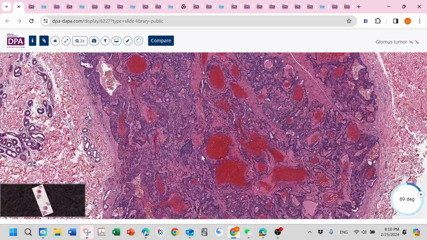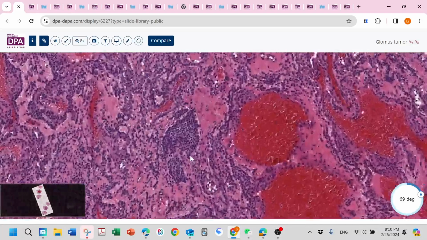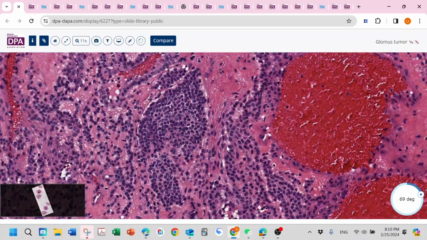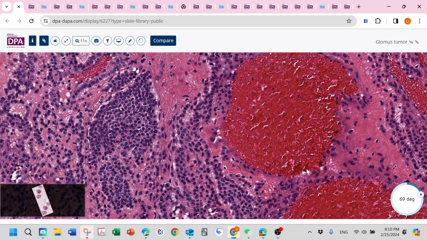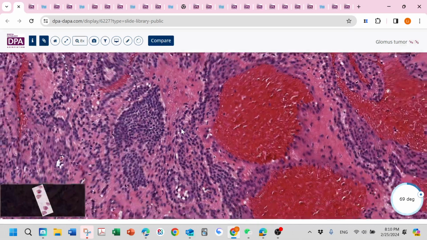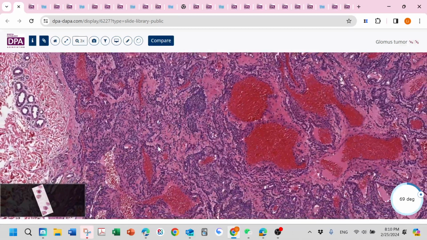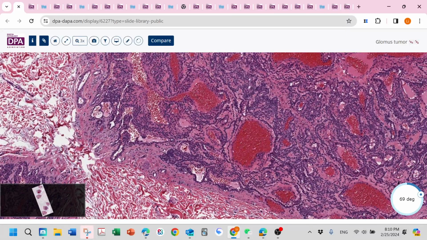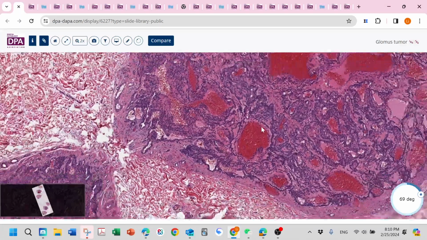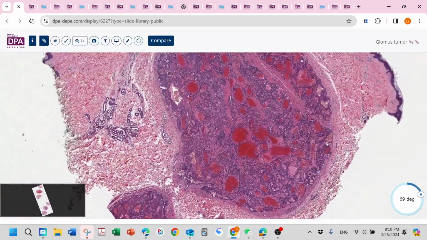You may also think, is it just lymphocytes? But when you zoom in, you can see all the cells look monotonous, and they just surround the blood vessel. When you see the blood vessel go out, this cell also goes out, so that is really characteristic for a glomus tumor.